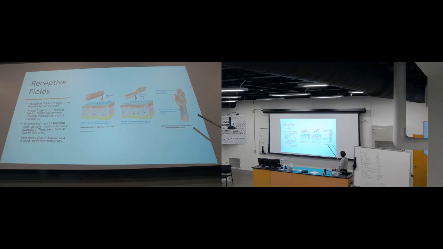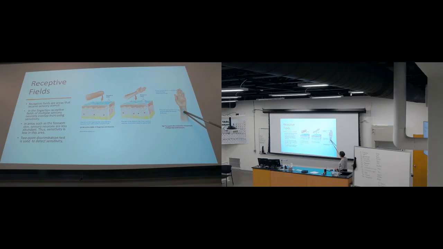And to test this resolution, we use the two-point discrimination test, in which we use a specialized device that can touch the skin at a particular distance at the same time, and you ask the person, who is closing their eyes, if they can feel 2 points or 1. So in this case, for the fingertip two-point discrimination, the threshold is around 3 millimeters, and then in here, it will be 40 millimeters or 4 centimeters.